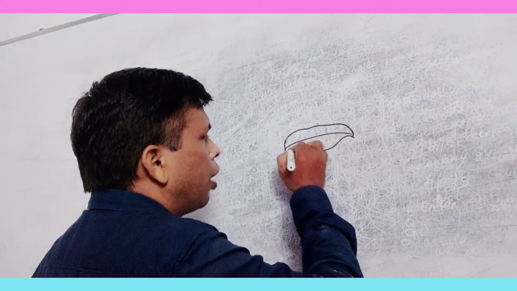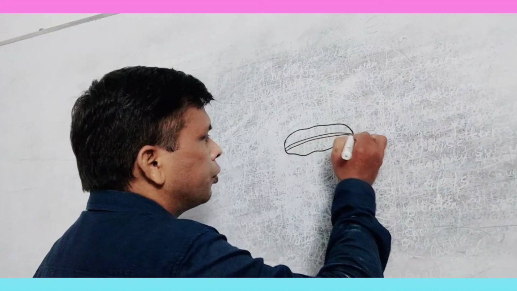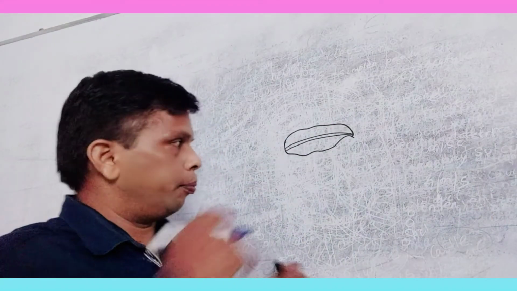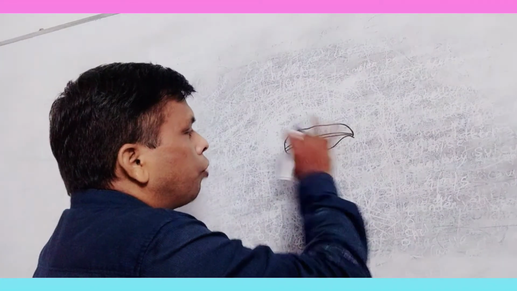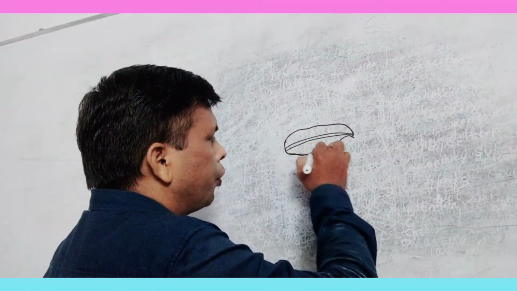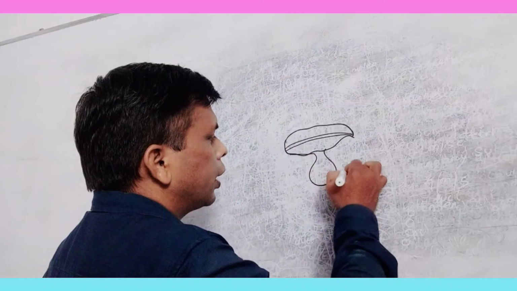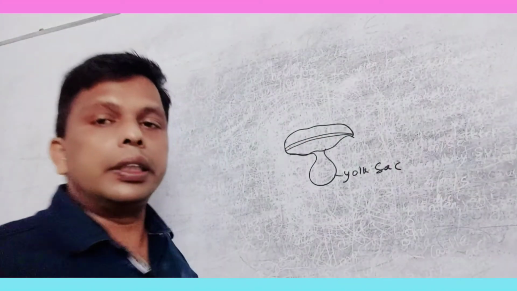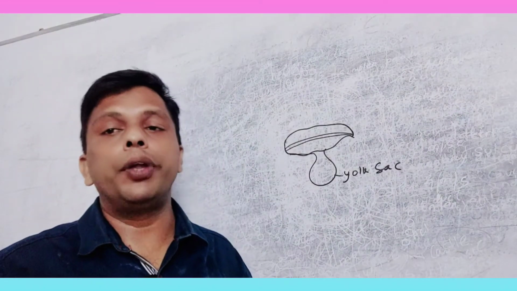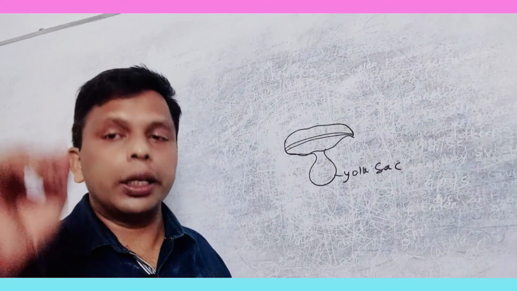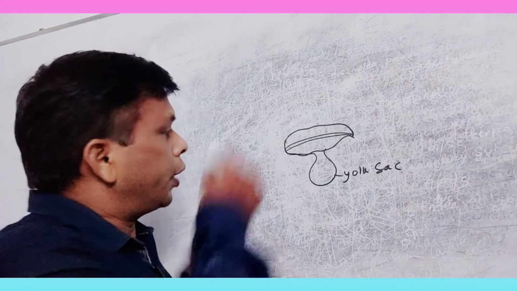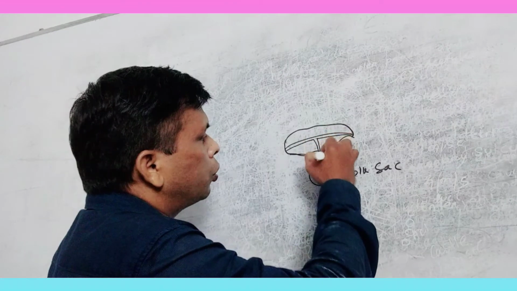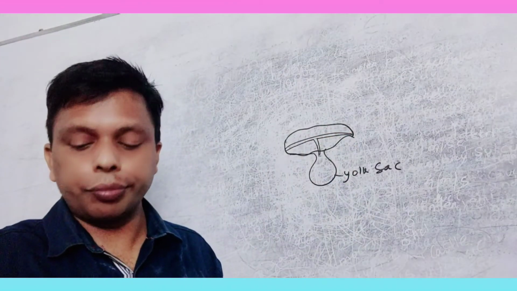There is an embryonic tube which originated from the endoderm. This one is the yolk sac. From the mid portion of the tube, a short connection arises which is connected with the midgut. Clear? A short connection to the yolk sac.